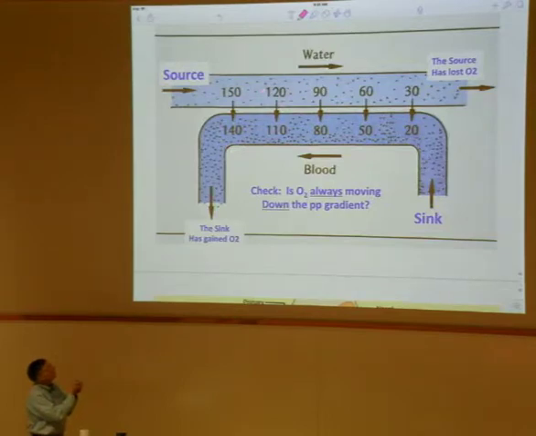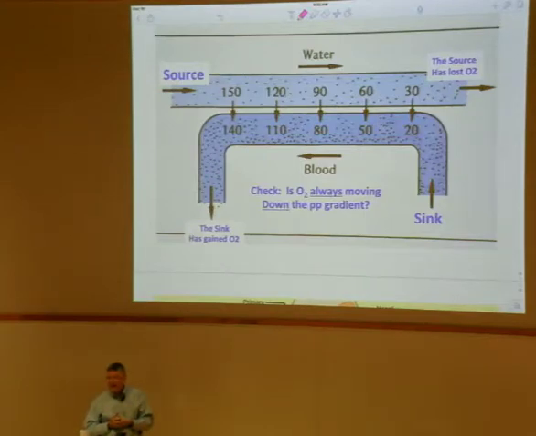Here, the source, the water, has lost some of its oxygen, so maybe it's at 120, but the sink is still lower. It's coming from this area that has even less, so it's at 110. And this whole length, you're going to have oxygen transferred from the area of higher amounts to the area of lower amounts. Okay? So, source and sink at opposite ends, okay? And the source needs to lose, the sink needs to gain, and whatever it is always has to go from an area of higher to lower amounts, right?